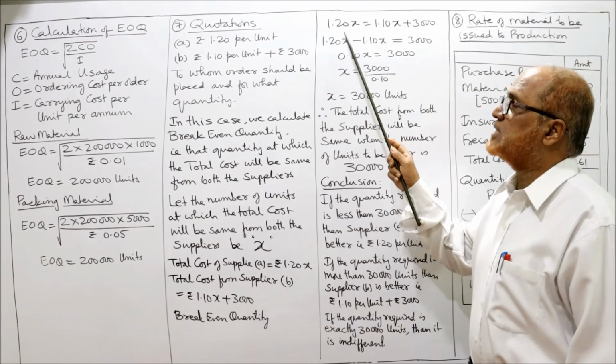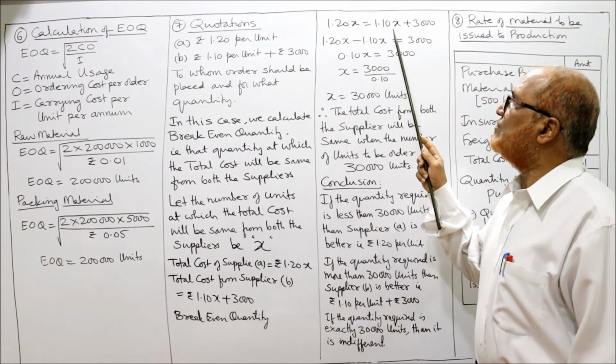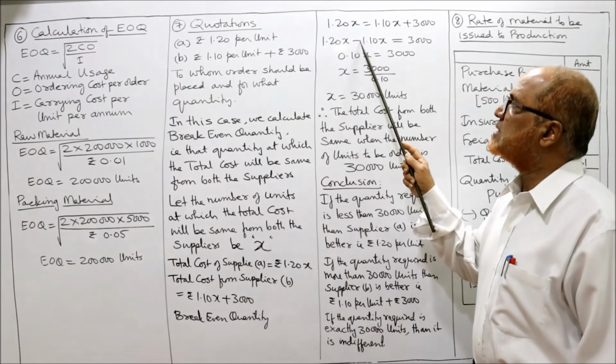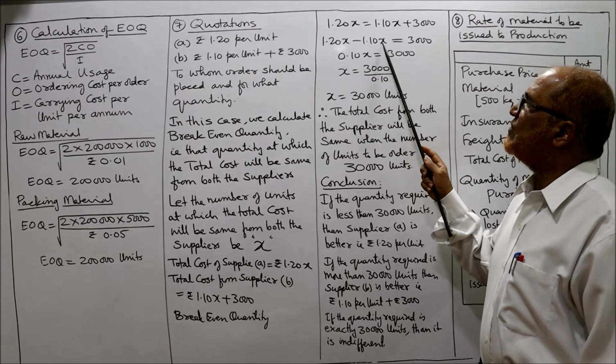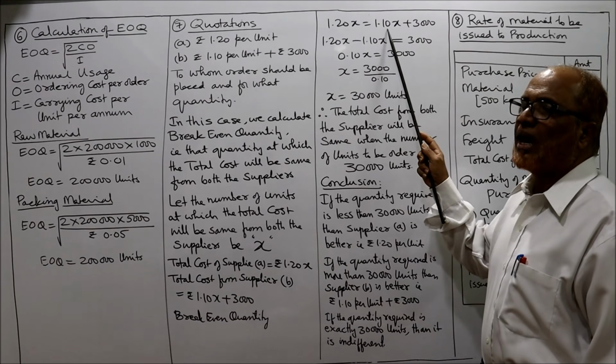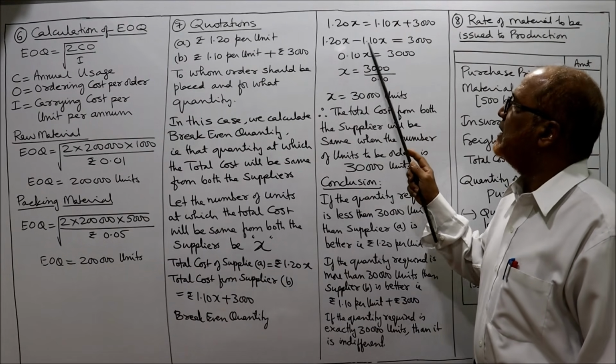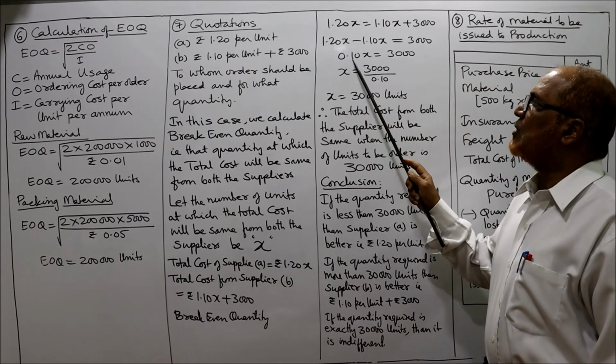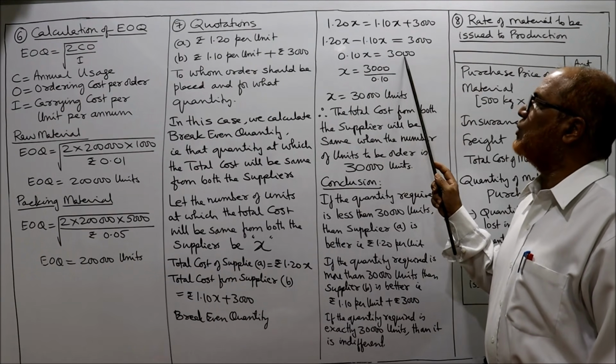Already 1.20X is there on LHS. Bring this 1.10X to LHS, so plus will become minus. So 1.20 minus 1.10X, I brought it to the LHS, is equal to 3000. So 1.20 minus 1.10, you will get 0.10X is equal to 3000.